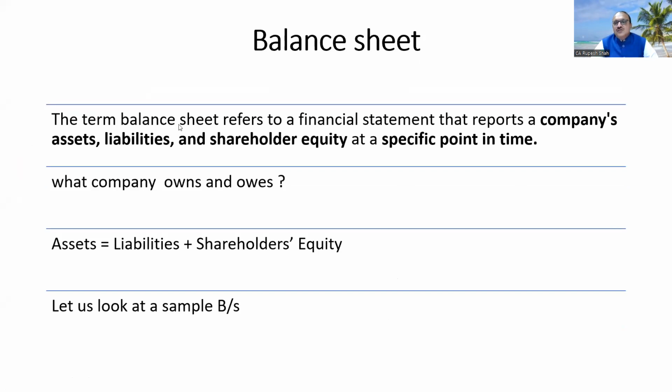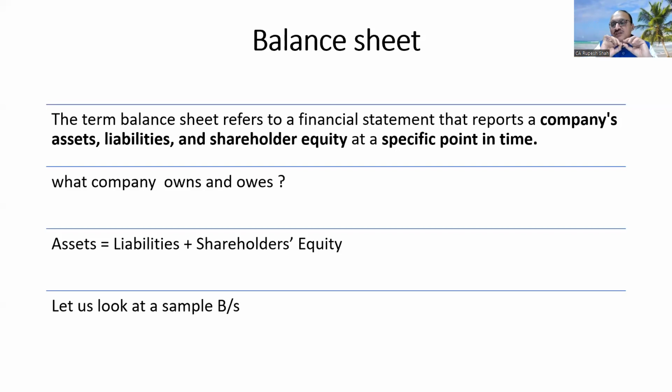Balance sheet is nothing but a statement which tells you what your assets are, what your liabilities are, and what the shareholders' money lying in the company is. It tells you about three things. What is the asset of the company? What is the liability of the company? And what is the shareholder money lying in the company?